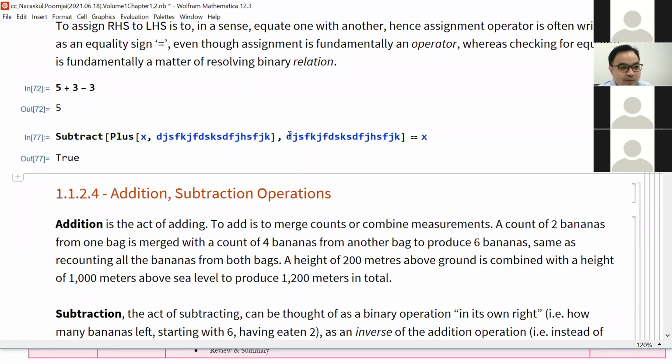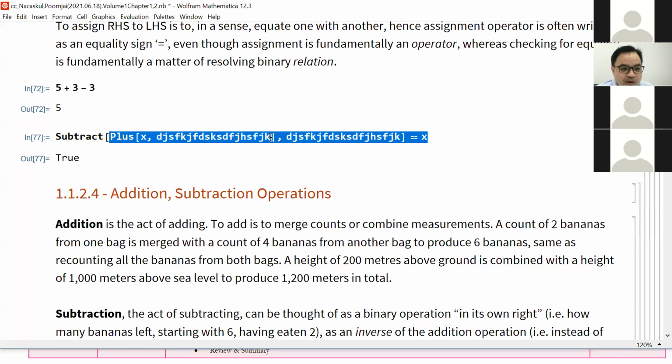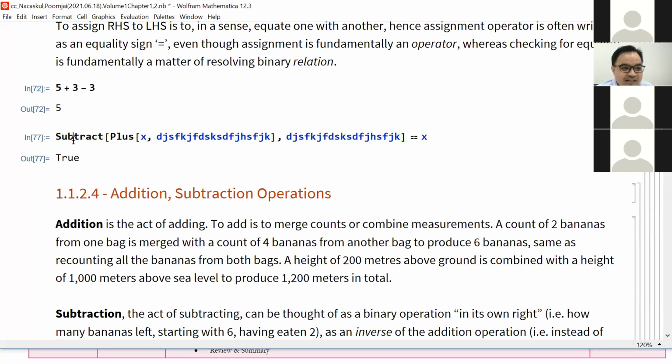This is universal because this is a forward operation. This is one operation. This is another operation. They are inverse. Not only are they inverse, they are what's called symmetric inverse. In other words, it doesn't matter which you apply first.